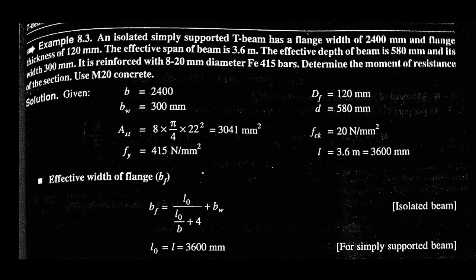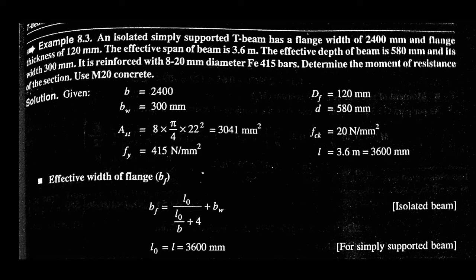Let's read out the problem first. An isolated simply supported T-beam has a flange width of 2400 mm and flange thickness of 120 mm. The effective span of beam is 3.6 meter. The effective depth of beam is 580 mm and its width 300 mm.